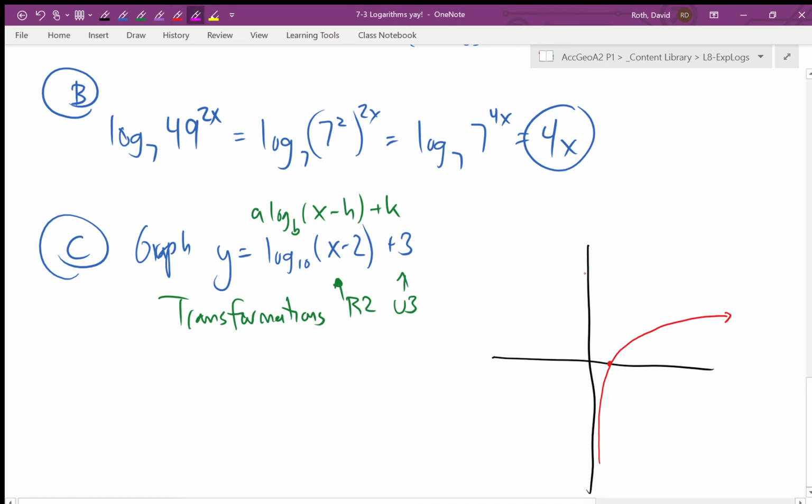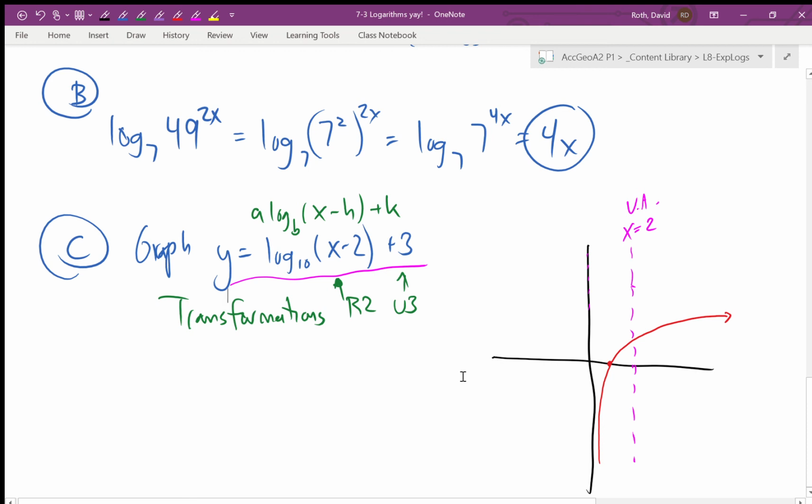Instead of being the vertical y-axis, it'll actually be the line x equals 2 that is my vertical asymptote. Again, I'm doing this function right here.